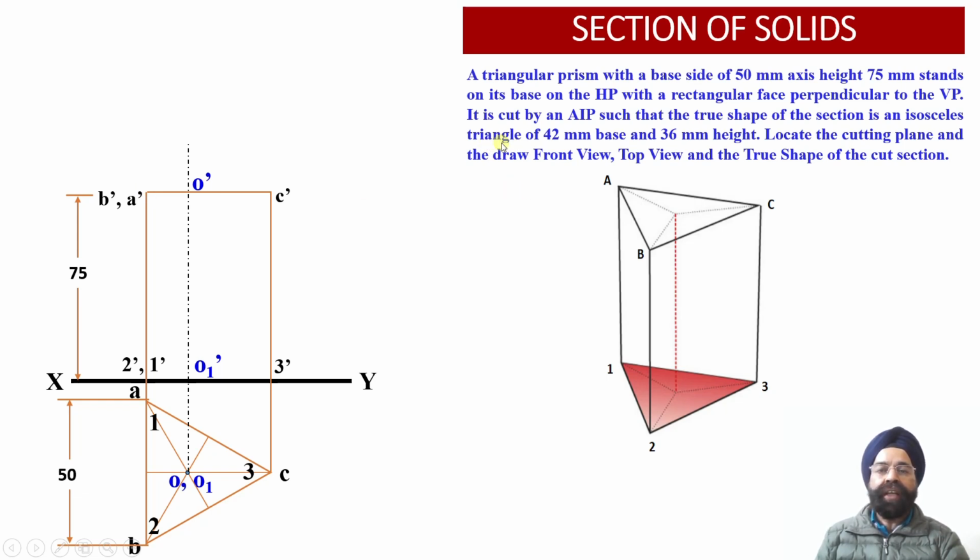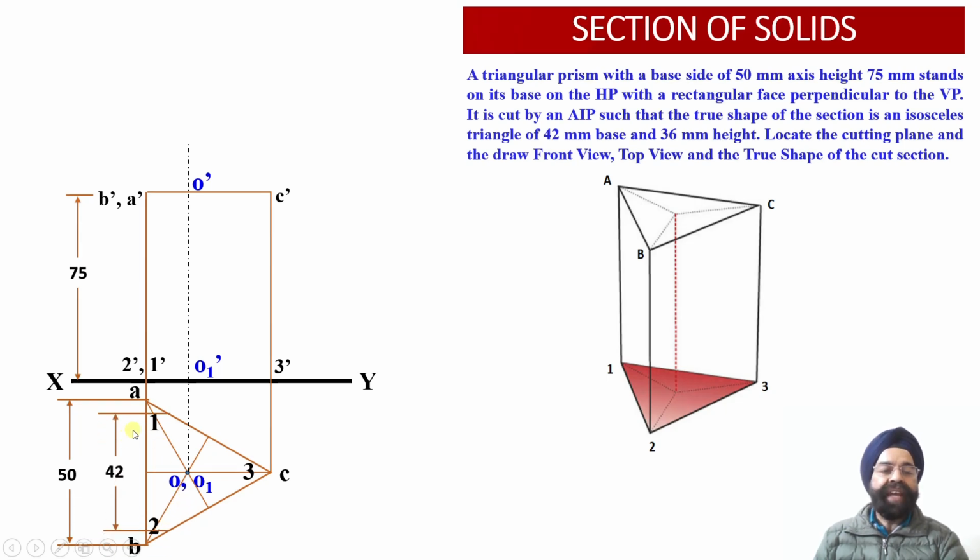Now we have got the true shape of the isosceles triangle as having the base 42 millimeter. So this is the axis line you can check. Around this axis line, we have to locate symmetrically 2 points of intersection in such a way that this distance should be 21 millimeter and this distance should be 21 millimeter.